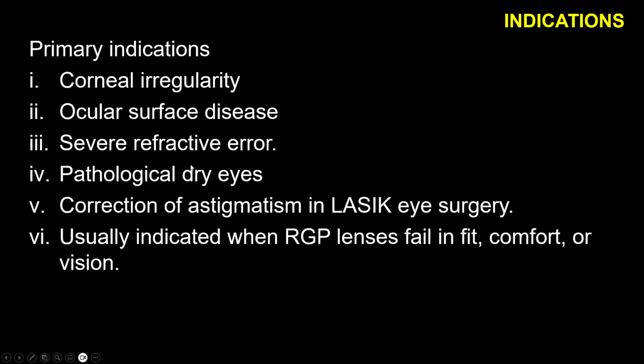So for severe refractive error, and this is very, very useful in dry eye, extreme or severe cases of dry eye. Why is it useful? Remember, if you're managing a case of extreme dry eye, usually some cases will require you to give the patients the tear drop or the lubricant as often as possible.